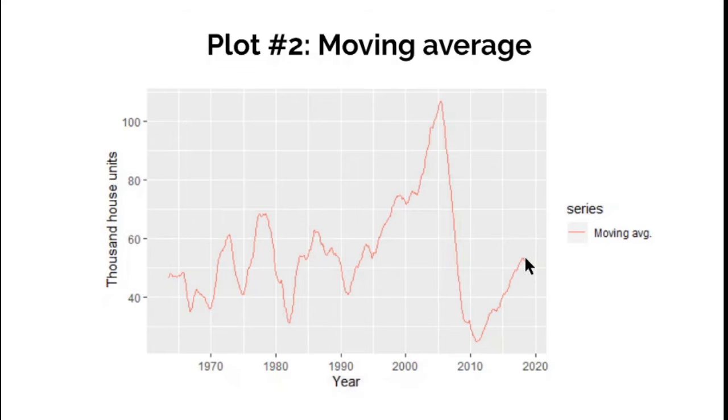Yet up until 2018, as you can see, this market has not fully recovered, still at the level of the 1970s, way behind the peak of house sales. So like I said in the beginning, you get this better picture of the trend at the expense of some information, which is the seasonality.